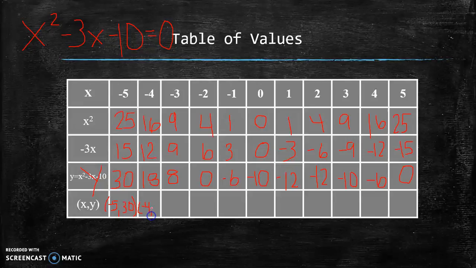And you're just going to keep filling out this row. So negative 3, 8. And these are the points that we will now plot in order to make our parabola.